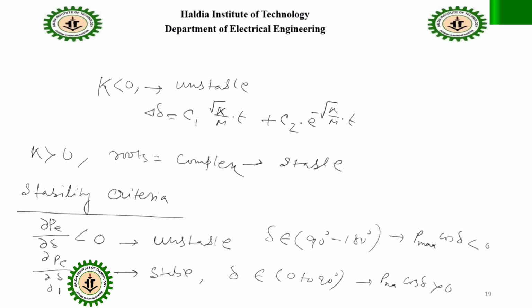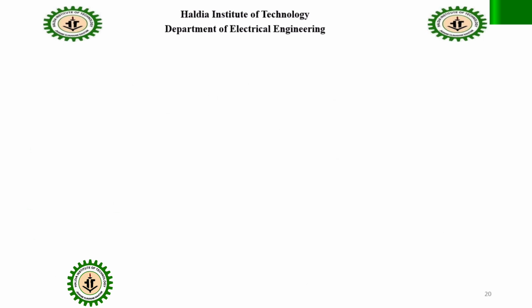Another one is ∂Pe/∂δ equal to 0, marginally stable, that means δ is equal to 90 degree, Pmax cos δ is equal to 0. It means the maximum steady state stability limit is Pmax.